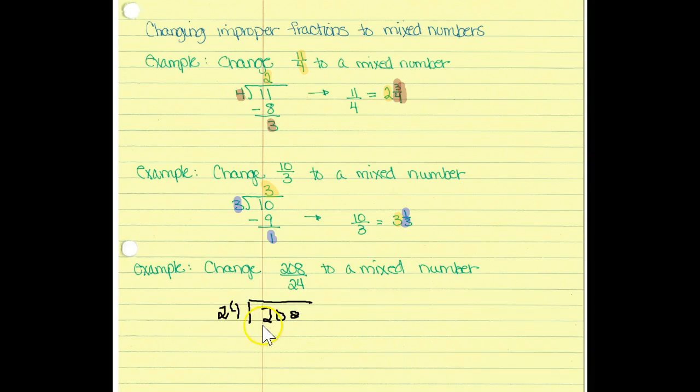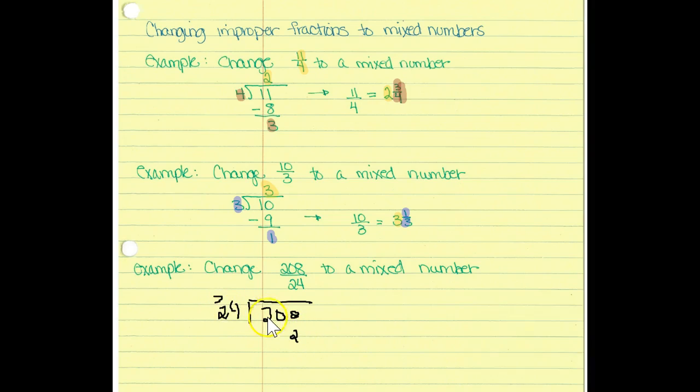24 does not go into 20, so we have to figure out how many times 24 goes into 208. Well, 24 is really close to 25, and I know 25 goes into 100 4 times. So let's try 8. Well, 4 times 8 is 32, and that would be a 2, 3.